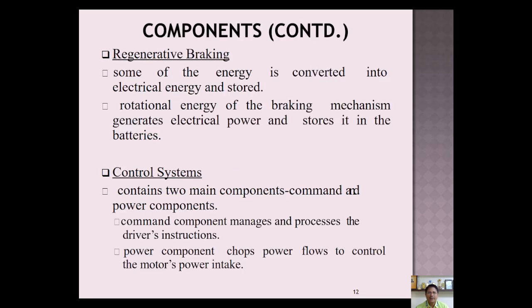So regenerative braking, as we discussed in the earlier topics, is the conversion of energy and storing it in the battery during braking. Whenever we need to decelerate the vehicle and apply the brake, the DC motor will act as a generator.